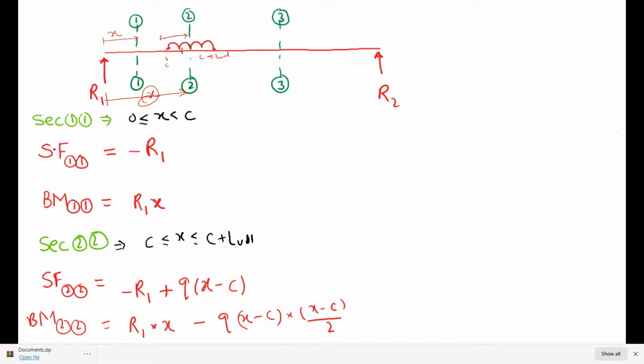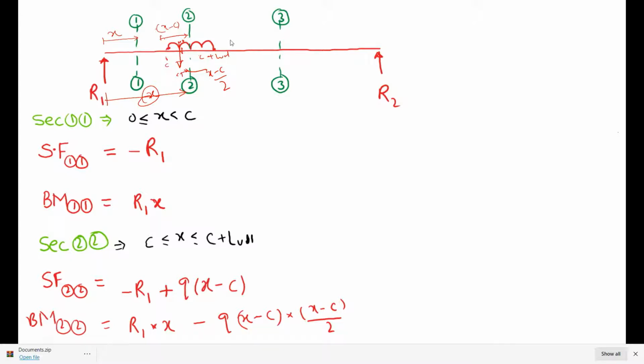This is x minus C distance, so the CG would be somewhere here, and the equivalent load would act somewhere here. So this distance would be x minus C by 2. We are multiplying this force Q into x minus C with x minus C by 2. Therefore the bending moment at 2-2 would be this value.